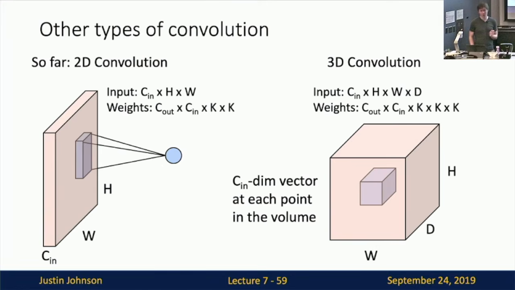So with a 3-dimensional convolution, each element of the batch will be a 4-dimensional tensor. Now I can't really draw a 4-dimensional tensor on a 2-dimensional whiteboard, but we have this interpretation of the tensor as a 3-dimensional grid, where at every point in the grid, we have a feature vector of size Cn.